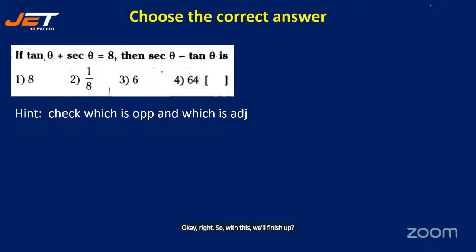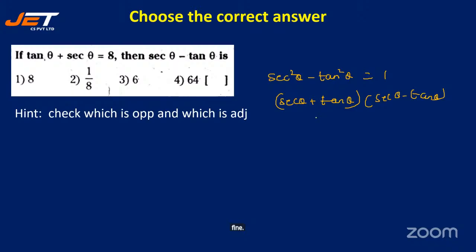If tan theta plus secant theta is 8, then secant theta minus tan theta is dash. Okay, so we can finish this with an identity. So what identity is that? Secant square theta minus tan square theta is equal to 1. This is in the form of a square minus b square, so it is a plus b into a minus b.